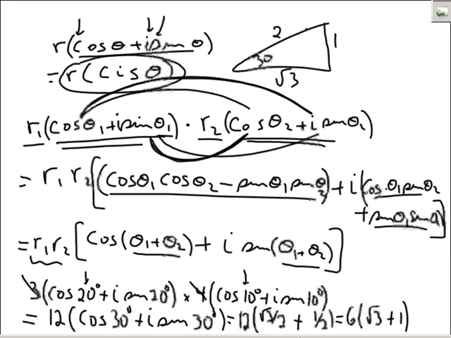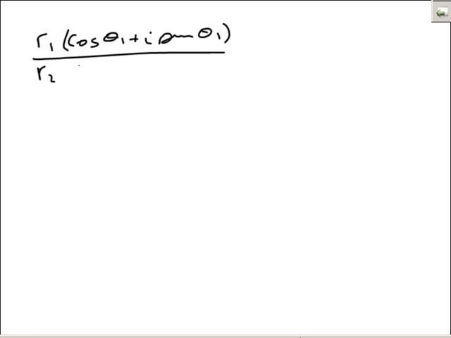Now, you won't derive this one, but it's exactly done the same way. Very similar to what we just did with product. But what if you divide two such things? What if you divided R1 cosine theta 1 plus i times sine theta 1, you divide this by another one, we'll call it R2 cosine theta 2 plus i sine theta 2.